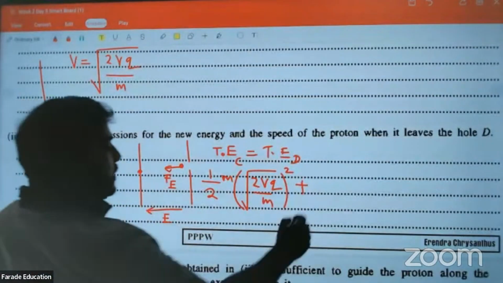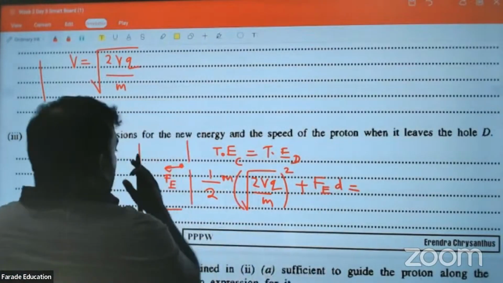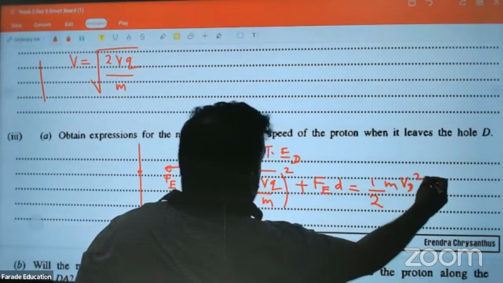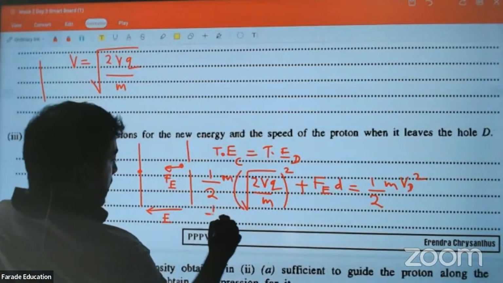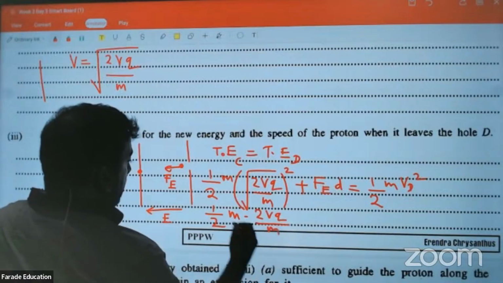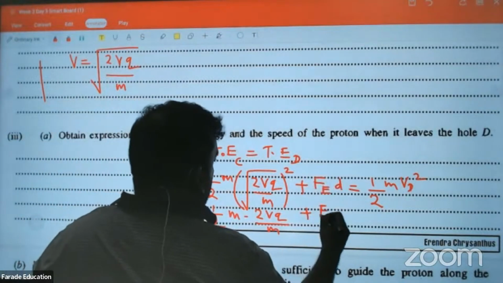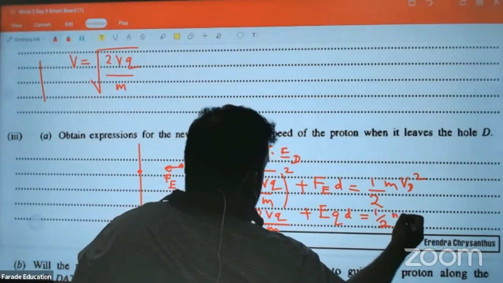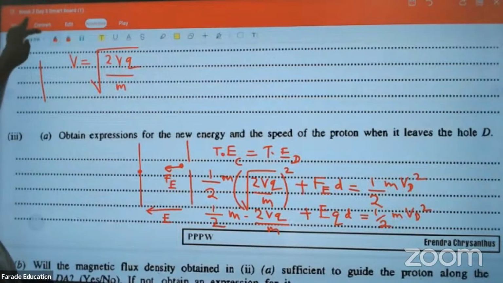I'm doing some work, electric force into distance. Final energy will be kinetic energy, half m vd squared. Be careful now. Here half m times 2VQ over m, m and m cancel off, VQ. Here EQD equals half m vd squared. Look at the board now. Simplify it carefully.